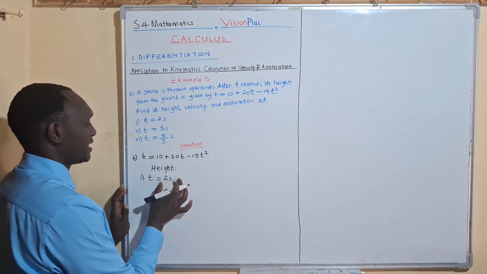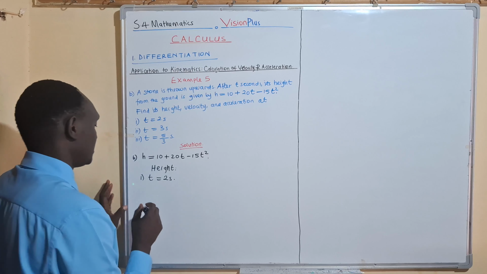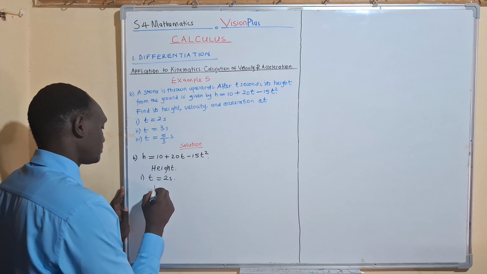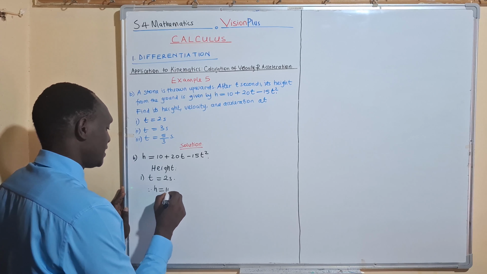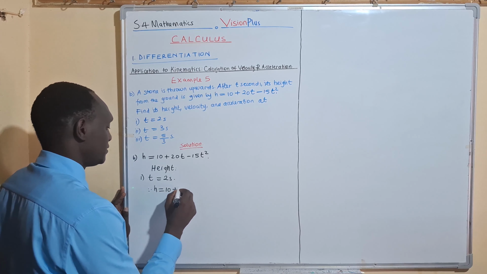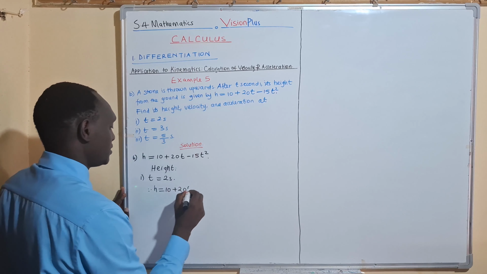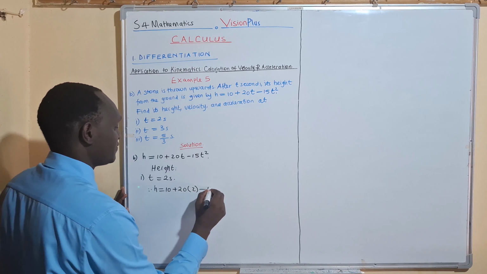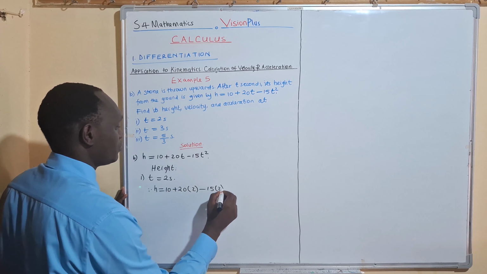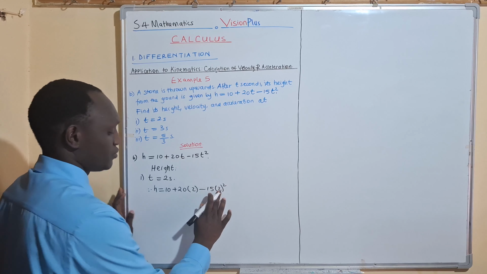We substitute for that time and get the height at that given time. Therefore, our height becomes 10 plus 20 times time, because there is t here. T is 2, minus 15 times 2 squared. Our t is 2 here.